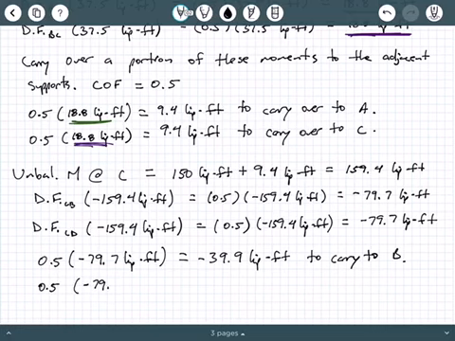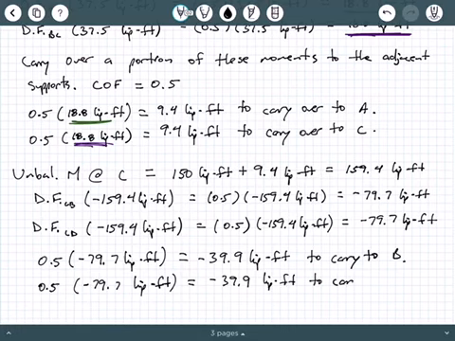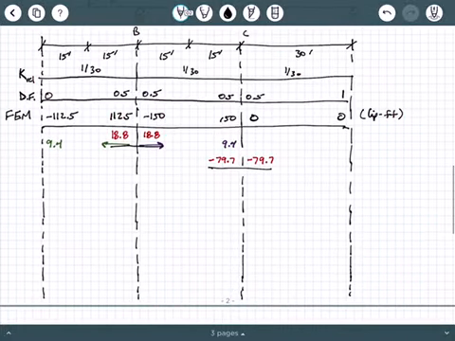And then we have 0.5 times negative 79.7 kip feet. Again, happens to be the same number, 39.9 kip feet to carry to D. Okay, so we've got to again be careful with each of these, what each of these values means.